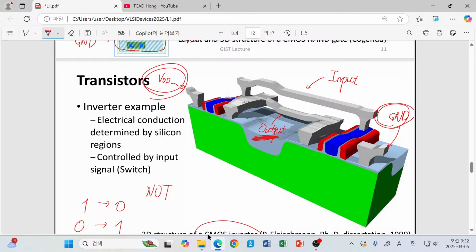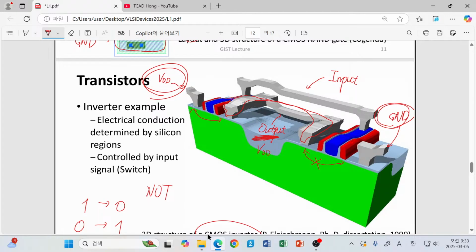One way is, okay, this metal is electrically connected to the VDD, and at the same time electrically disconnected from ground. This is one case. If that happens, the output voltage will be just VDD. You can easily understand that situation.